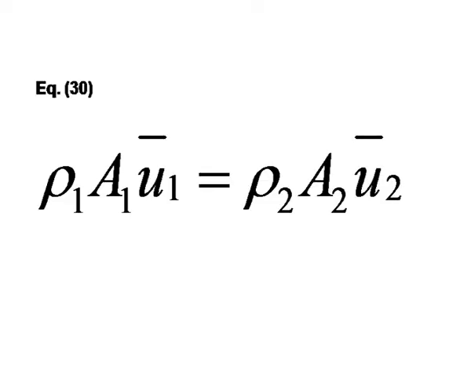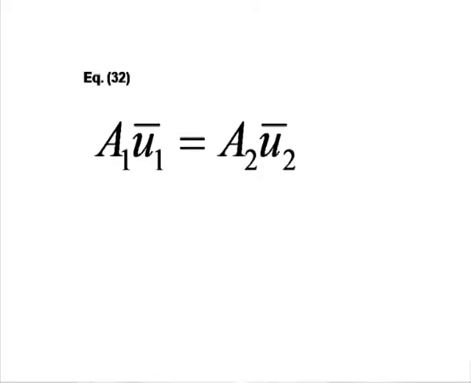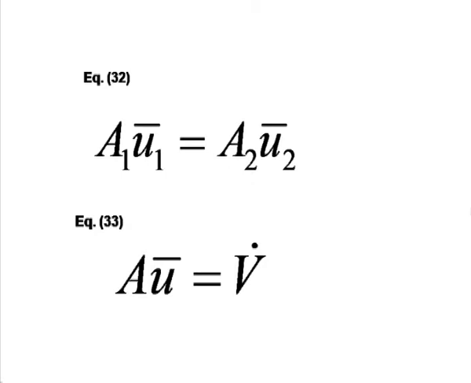For incompressible fluids such as liquids, the density remains constant. Therefore, equation 30 can be rewritten as A1 into u1 bar is equal to A2 into u2 bar. Otherwise, A into u bar is equal to v dot. The volumetric flow rate v dot is a product of cross sectional area A of the pipe and the mean fluid velocity u bar.